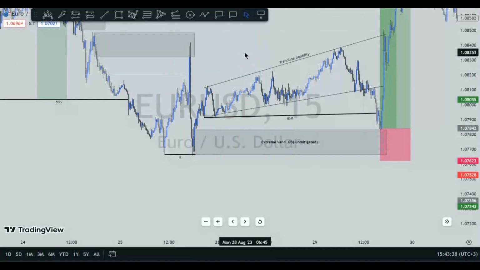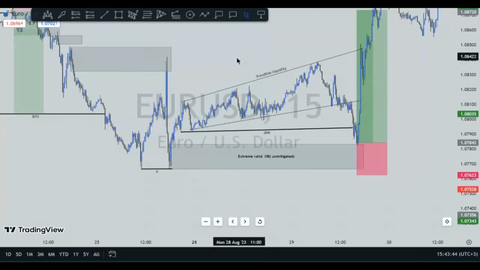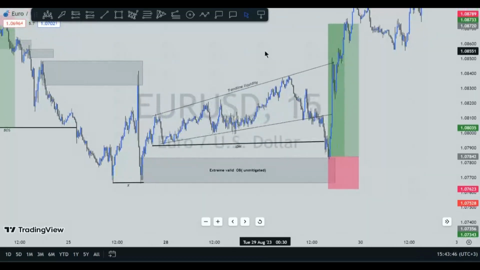I'll create a video about liquidity sweep entries and how to spot perfect ones. So price came and swept here. If you have entered this position, put your stop loss just below this wick and then target this high.